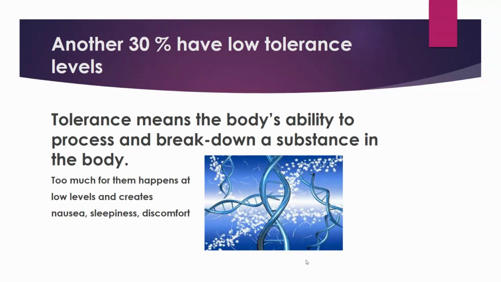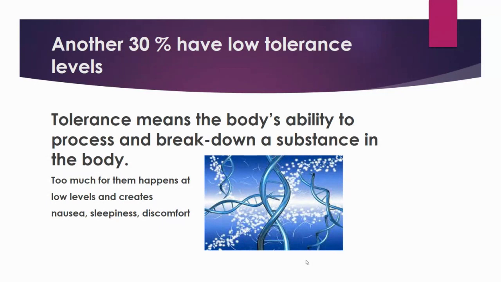As I'm going to show you later what tolerance is based on, we'll have that conversation. But trust me, for now, tolerance is the body's ability to process and break down a substance. Not everybody is capable of consuming high quantities of things. Some people just cannot break the higher concentrations down. They just don't have the ability to do that.